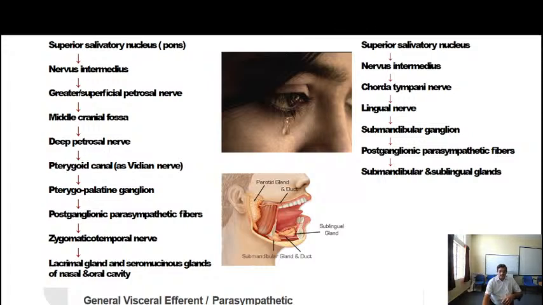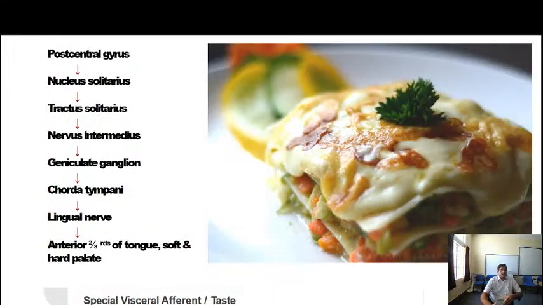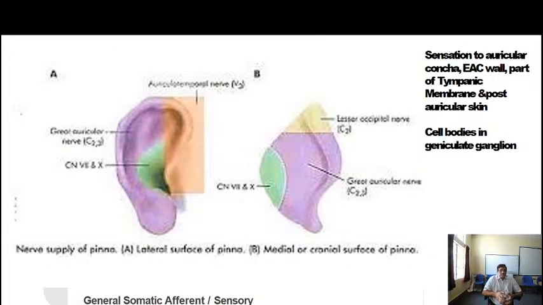And the third nucleus is again the motor parasympathetic to the submandibular and sublingual salivary glands. And there is small somatic afferent, in the sense sensations from the concha, that is the well of the pinna, and also the corresponding area on the posterior medial aspect of the pinna, that is supplied by the seventh cranial nerve.